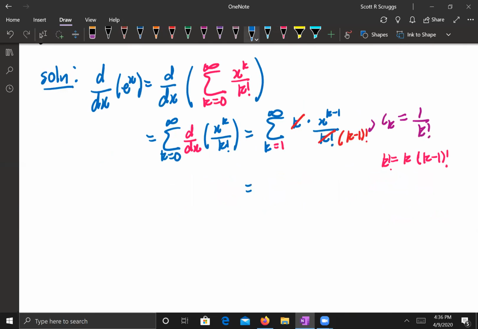So now I have the sum going from k equals 1 to infinity of x to the k minus 1 over k minus 1 factorial.